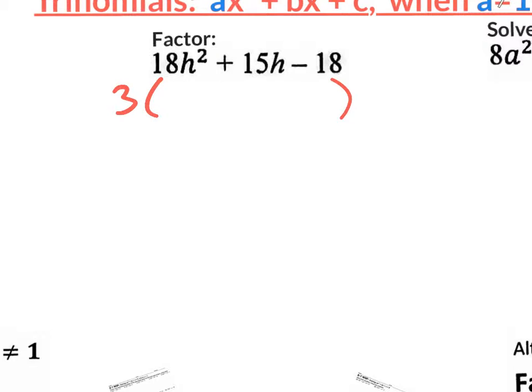If we pull out a 3, what's going to be left? 6h squared plus 5h minus 6. Now, it's way better to have this quadratic trinomial that has the a value of 6 and the c value of negative 6, as opposed to working with the original quadratic trinomial that has 18 times 18. That'd be ridiculous. So we are going to use our steps.